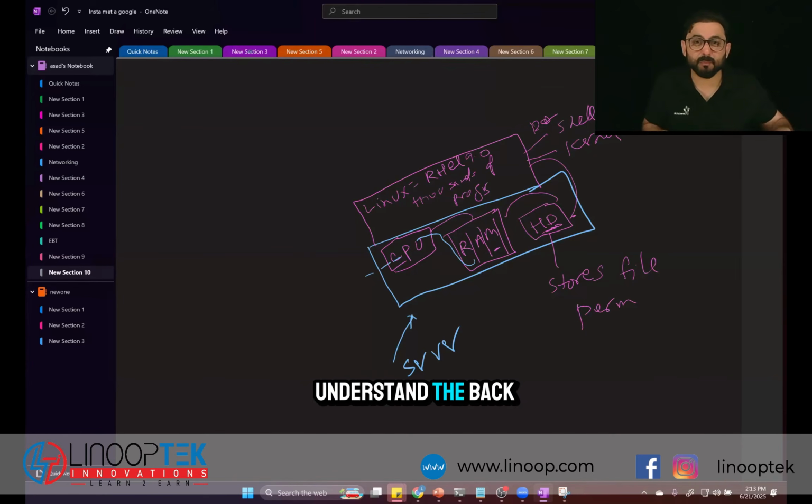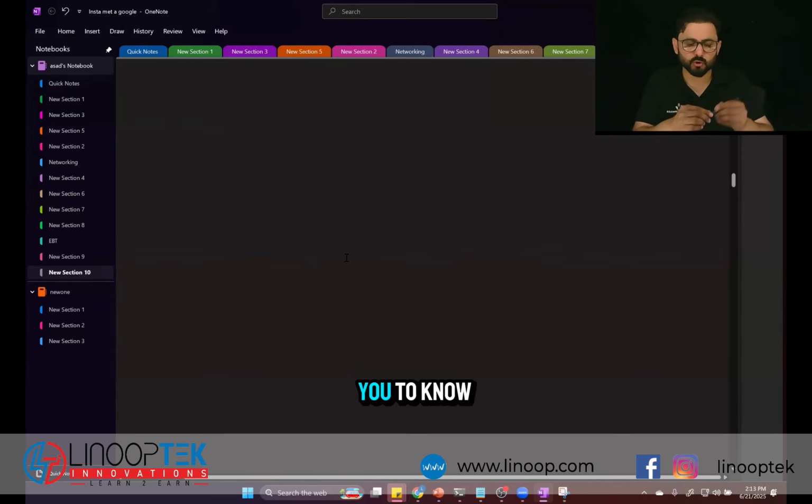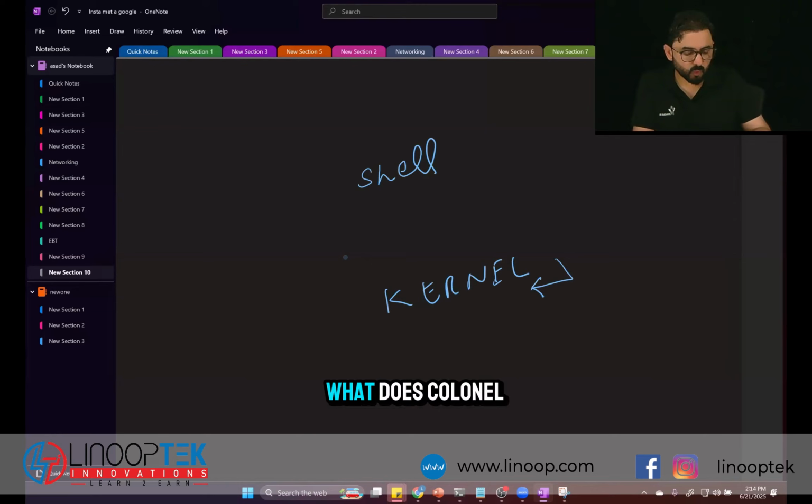If you don't understand the backend processes, it's perfectly fine. It takes time. All I want you to know is shell and kernel. Kernel, what does kernel do? Manages hardware resources.